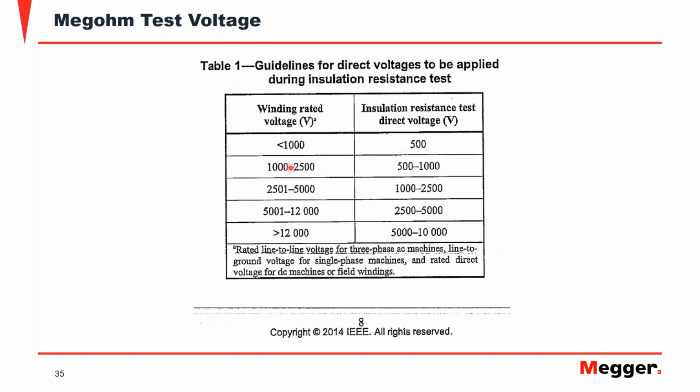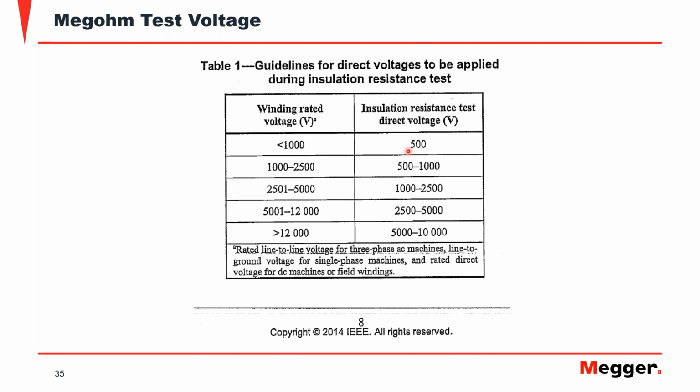If it is between 1000 and 2500, you're supposed to do it between these two values, etc. The standard tells you. My recommendation is pick a voltage, use the same voltage all the time for a particular class of motors.